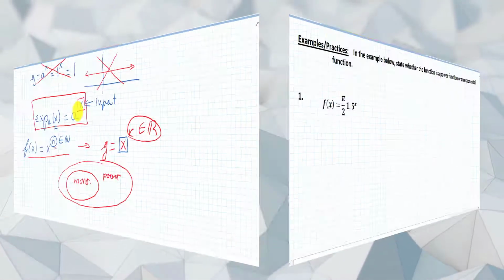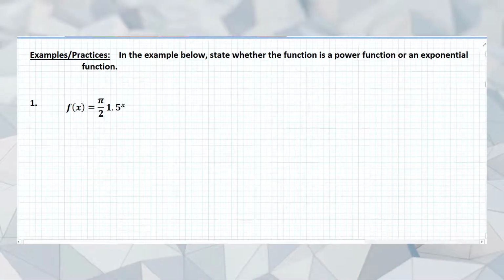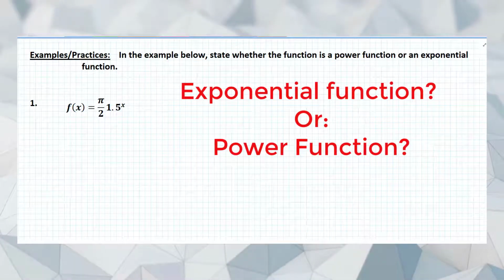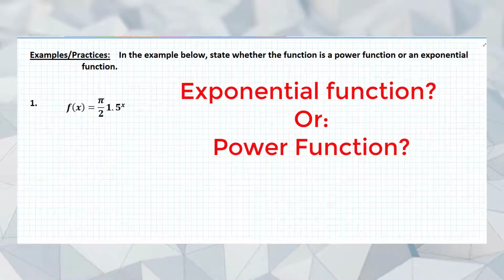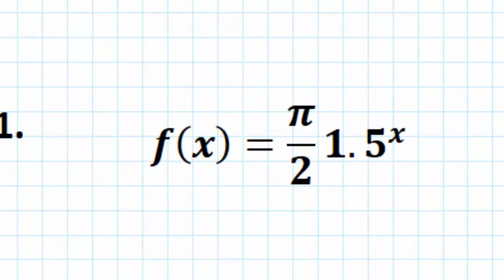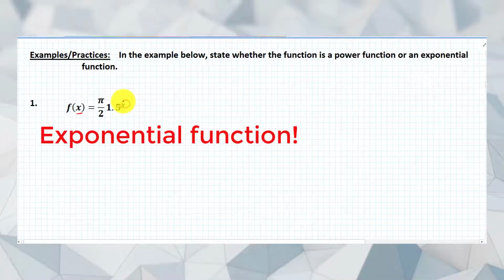All right, in the examples we're going to go over, I'm asking you if the given function is an exponential function or a power function. So basically, just spot where the input is. For the first function, the input x is at the exponent, and so this function is an exponential function.